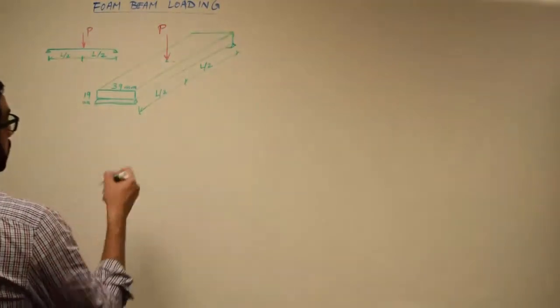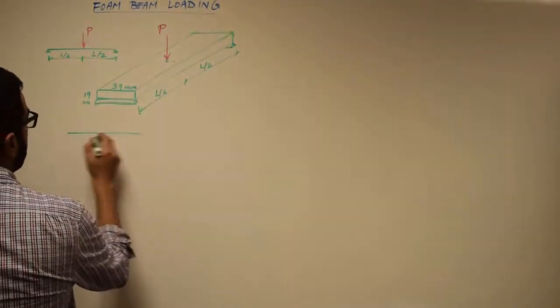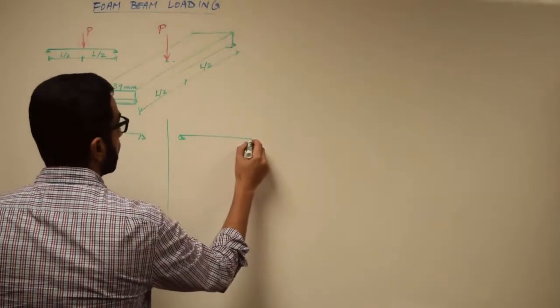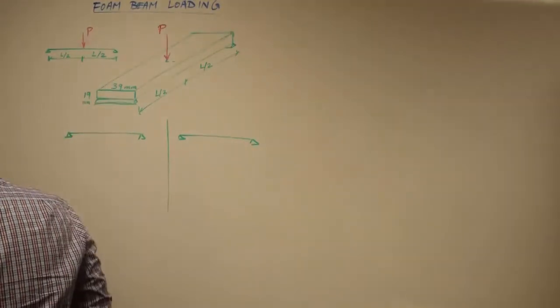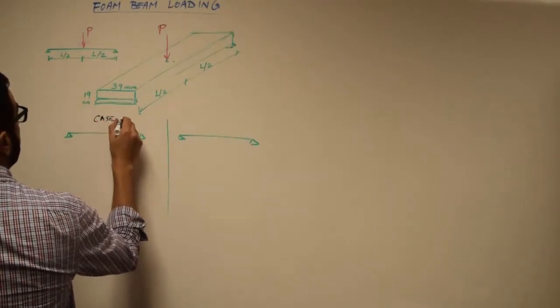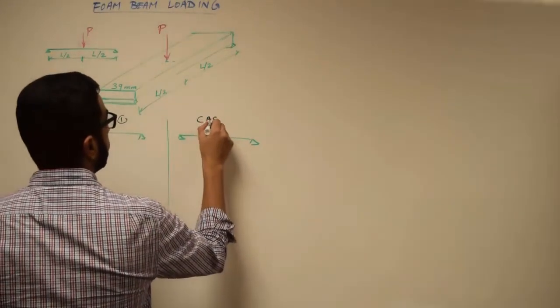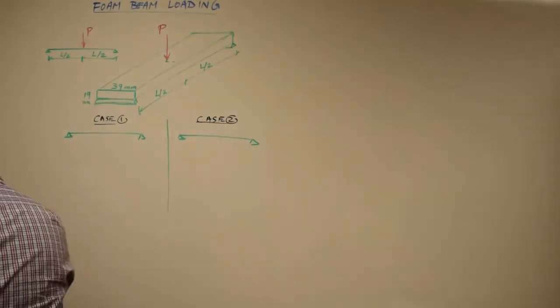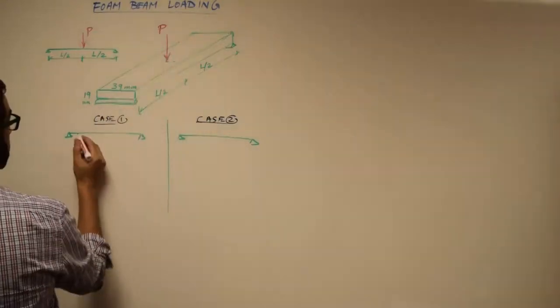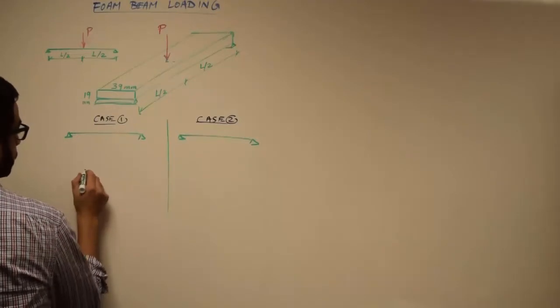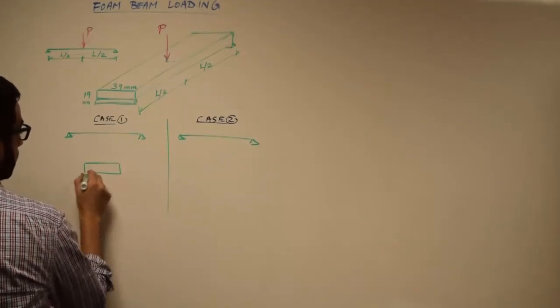If we think about it, we now have two load cases of this beam. I'm drawing these two load cases: same beam, same everything. Here we're dealing with case 1 and case 2. The deformation looks like this in the first case, for which I should actually draw the cross section. The cross section looked this way.